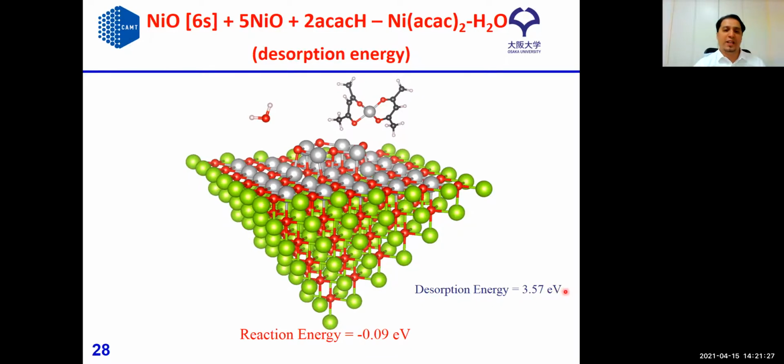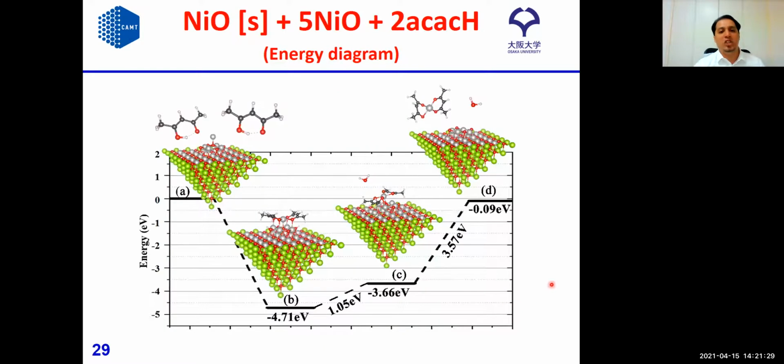So from these calculations, also we can plot the energy diagram, as you can see here, with the most stable state being to form the nickel complex on the rough surface, and as you can see, the reaction energy went much lower to minus 4.71 eV.